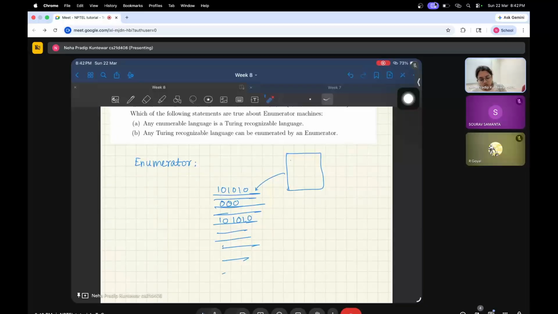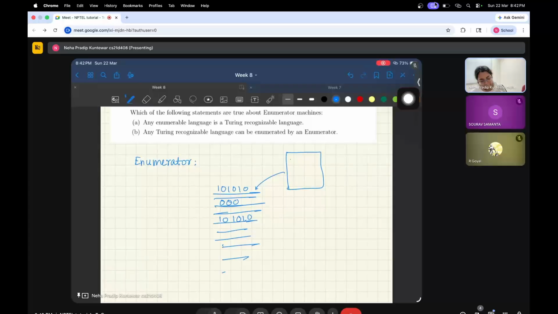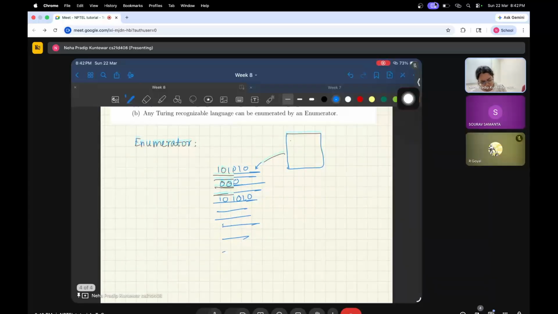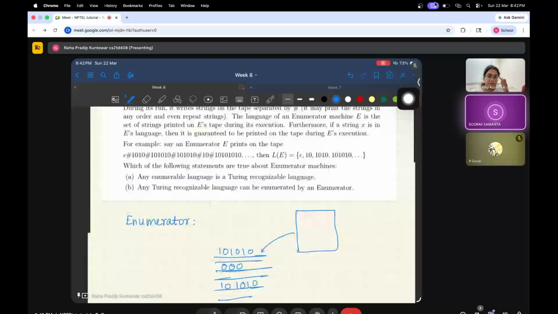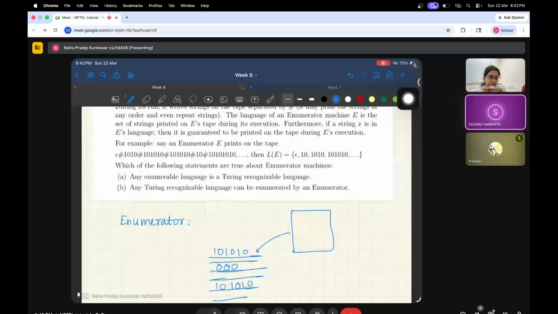Ma'am, you were saying 0 all the time, it will keep printing zeros. Why not 1? When it's printed 1, 1, 1, 1, 1, like that, you can.